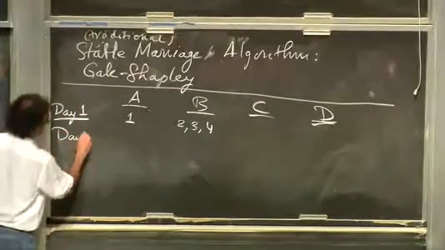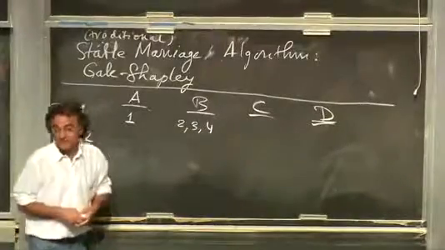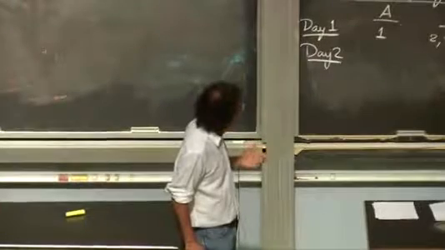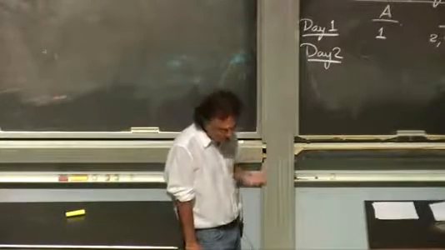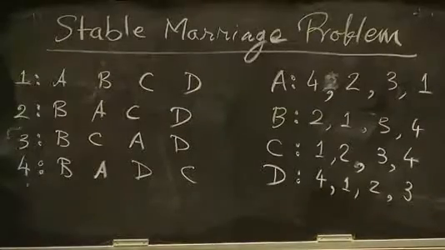Day 2. By the way, that evening, over a stiff drink, 3 and 4 lick their wounds. They cross B off their list, and next day they try again.